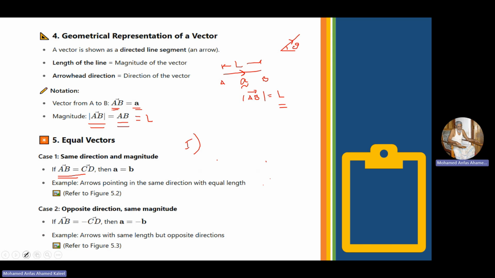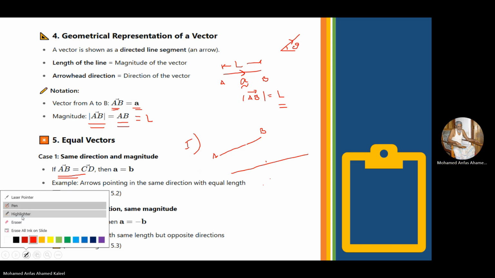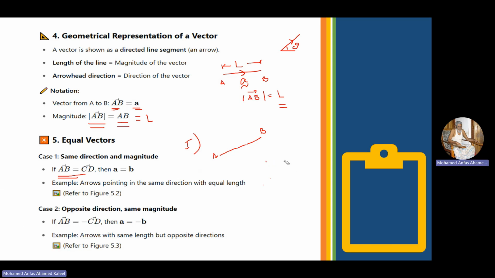Let's say vector AB is parallel to vector CD. Both AB and CD are parallel vectors.